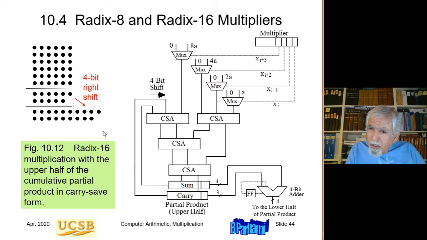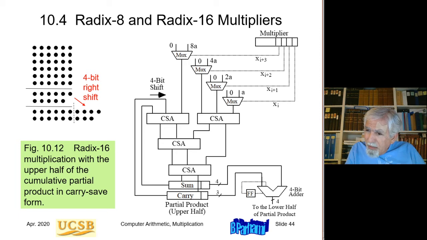Now this is starting to be a little bit dangerous here, because a 4-bit adder may have a latency that is larger than the latency of one cycle here. Remember, one cycle here is 1 mux, 3 CSAs. A 4-bit adder may be slower.